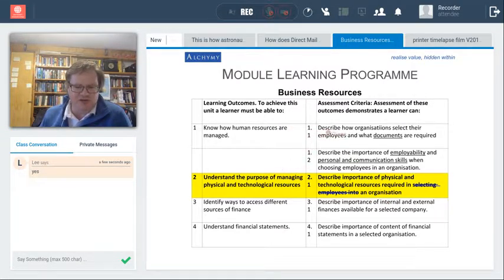Last week we introduced the business resources module and talked about human resources. In particular, we talked about how organizations select employees, some of the documents required, and how they define the skills requirements when looking to choose an employee.